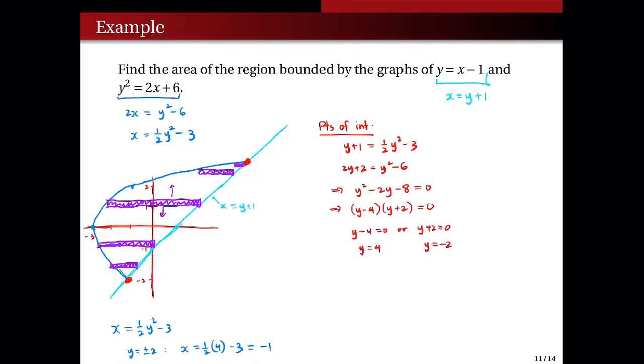Indeed, my value here is accurate. They intersected at y equals negative 2. And in here, this guy has y coordinate equals 4, so it must be somewhere up here.